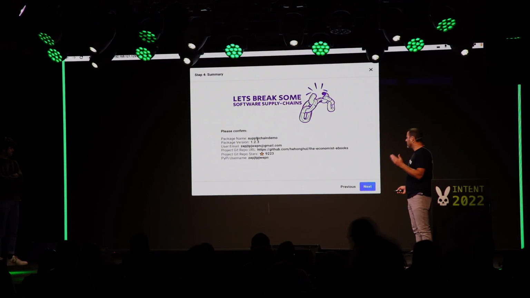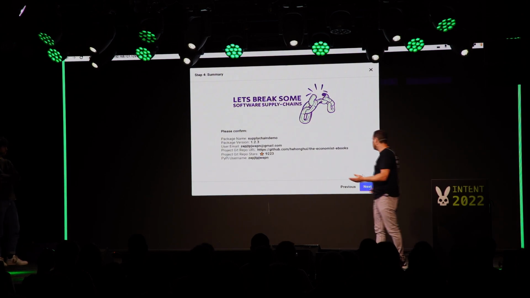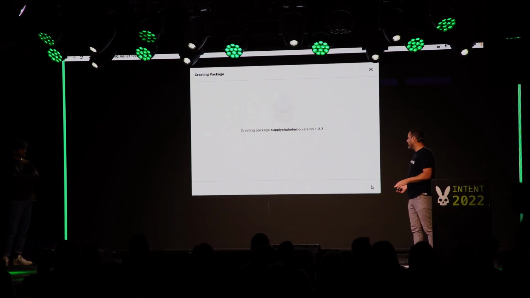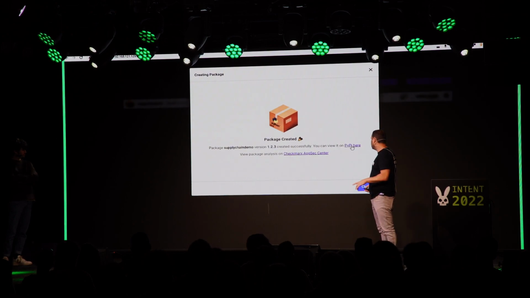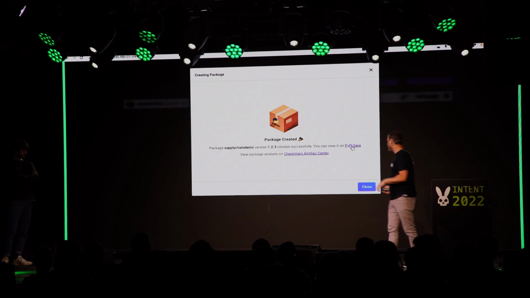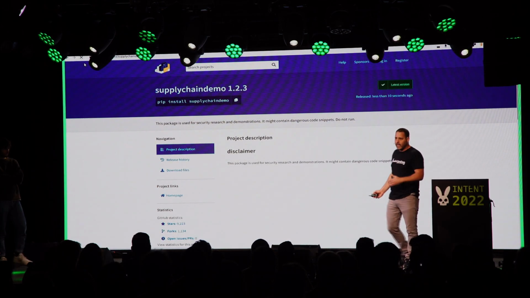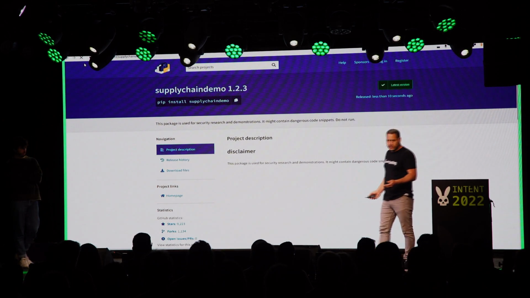That's the code: supply chain demo, the version, the name, the Git URL, publish. That is everything we need, wait for a minute, to actually steal the reputation of a package. And this is not limited only to PyPI; we call it starjacking. We have the same variations on NPM, Maven, and other languages.